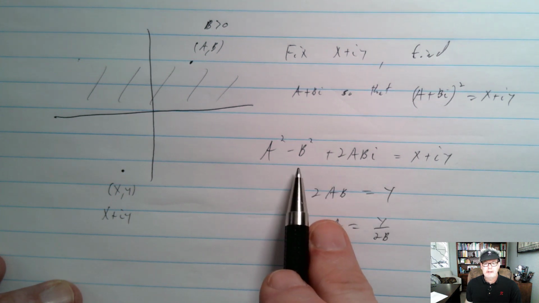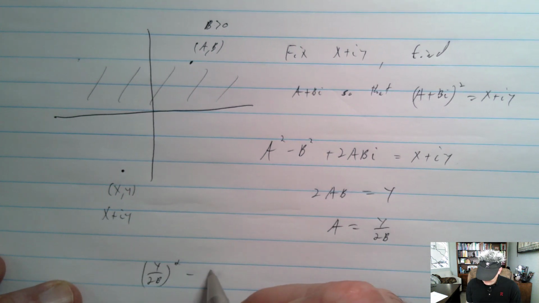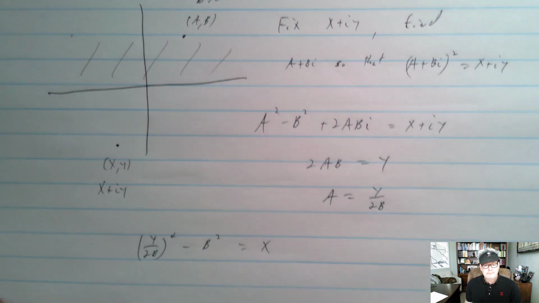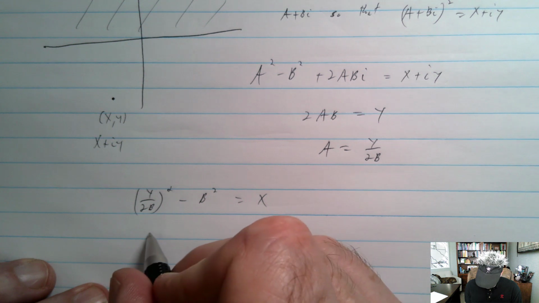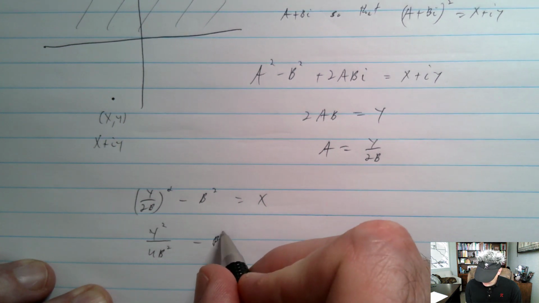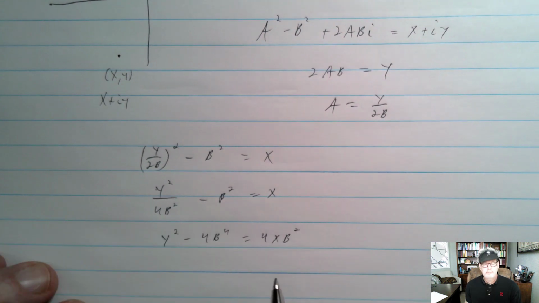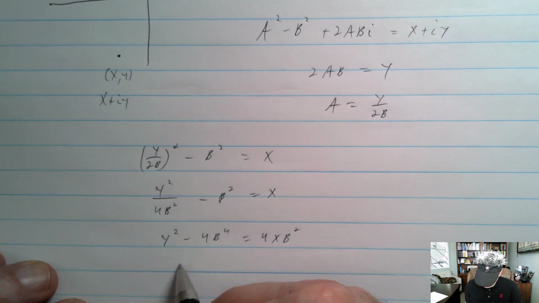Now if we look at the real parts, we'll have a squared minus b squared has to equal x. And so this will give us y squared over 4b squared minus b squared equals x. Multiply through by the 4b squared. Move everything to the right-hand side.